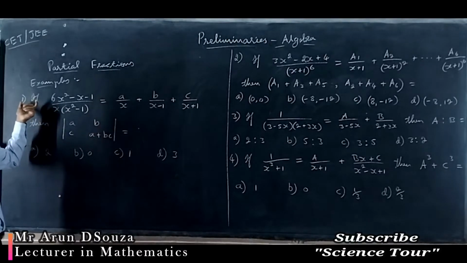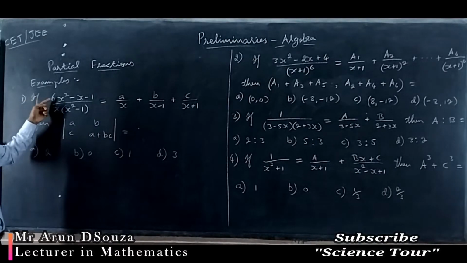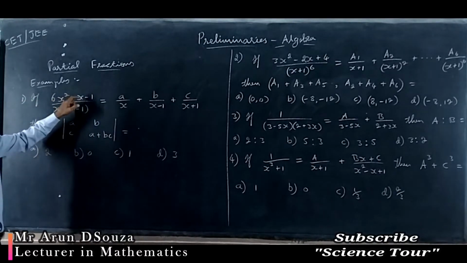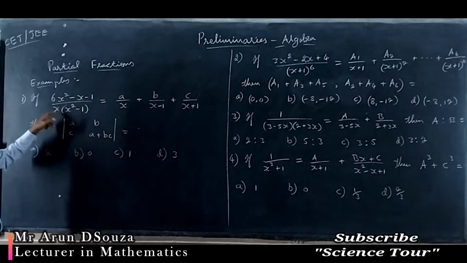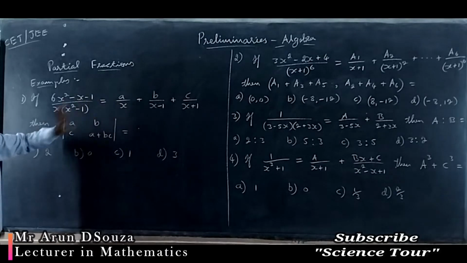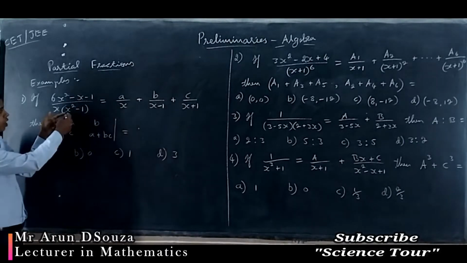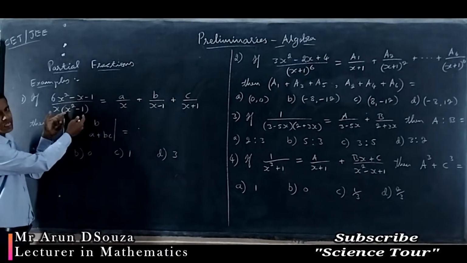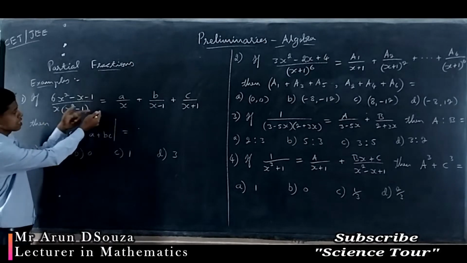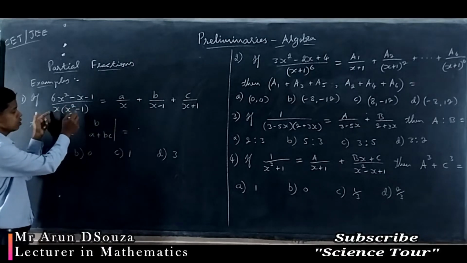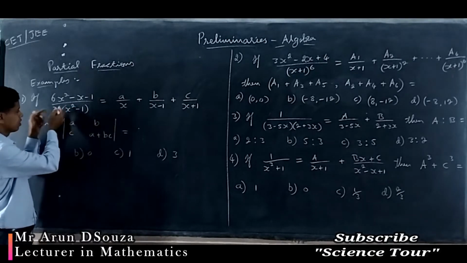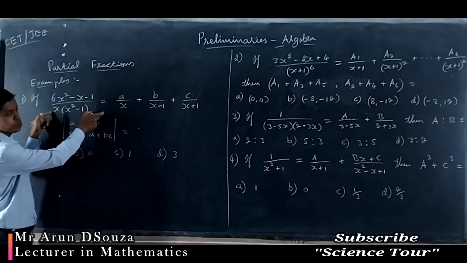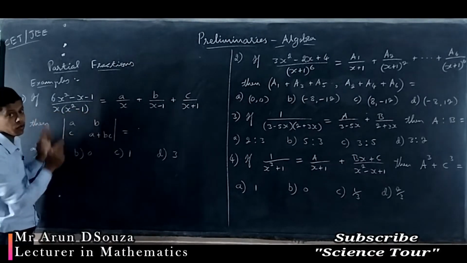So the first example is, if (6x square minus ax minus 1) divided by x into (x square minus 1) is equal to, understand, x square minus 1 can be written as (x minus 1) into (x plus 1). That means you have x, x minus 1 and x plus 1, totally 3 factors.